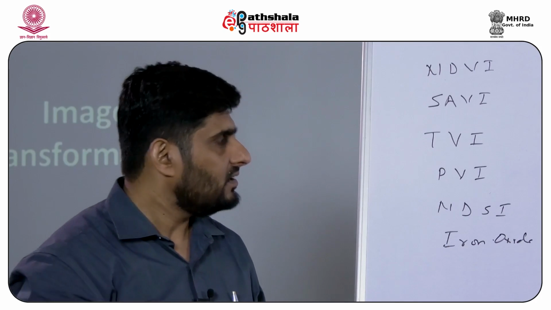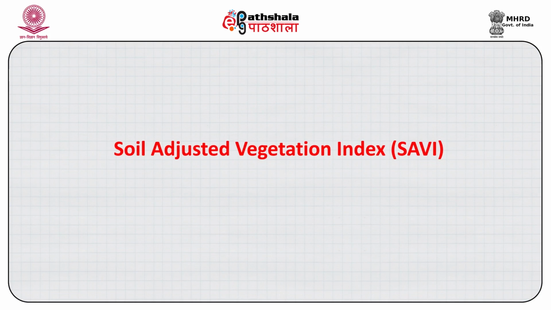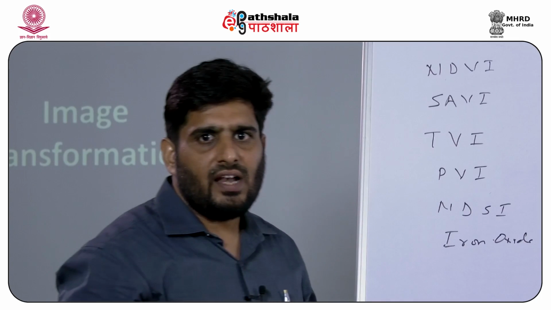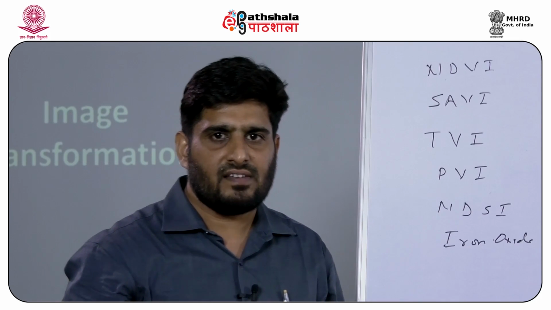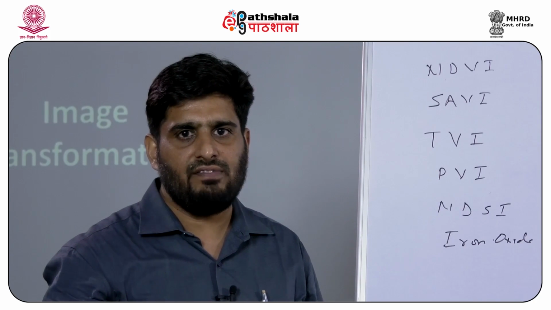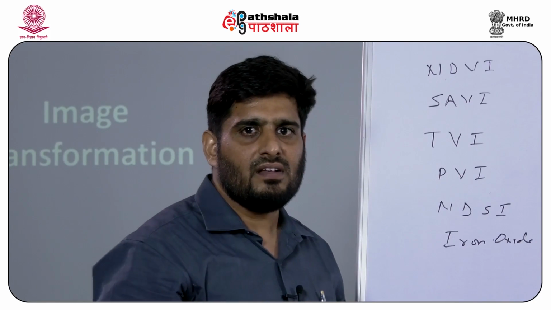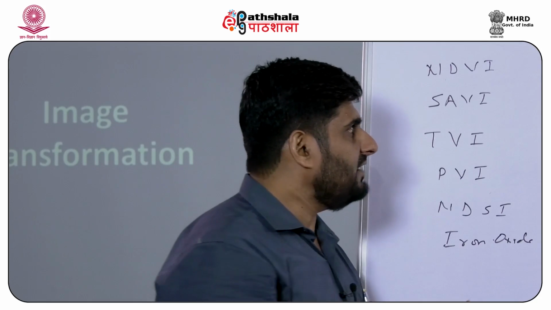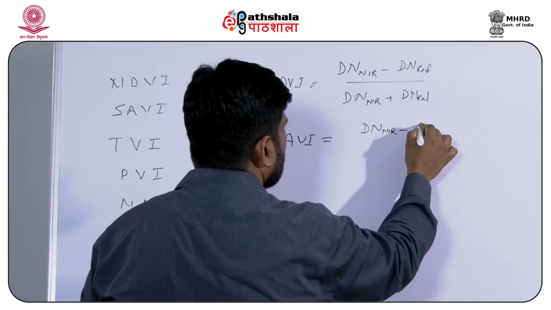The next is SAVI. This is the soil adjusted vegetation index, which is nothing but a modification of the NDVI. We have the same components that we use in NDVI.